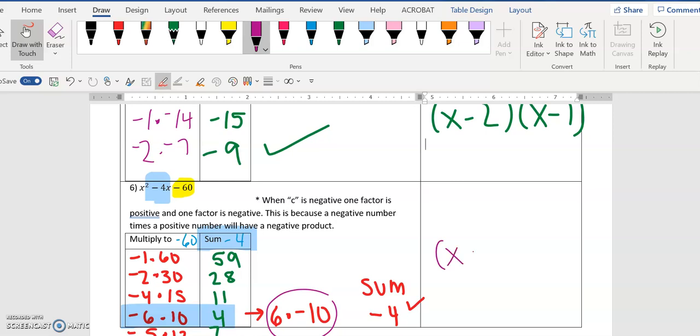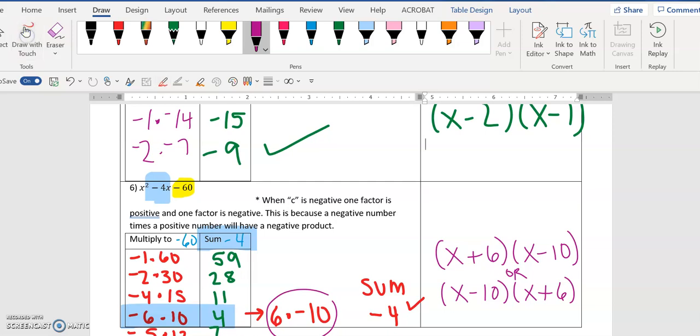The answer here is going to be x plus 6, x minus 10. And you could switch it and write x minus 10, x plus 6. But what's important is that the 10 is negative and the 6 is positive. -10 times 6 is -60, and -10 plus 6 is -4.